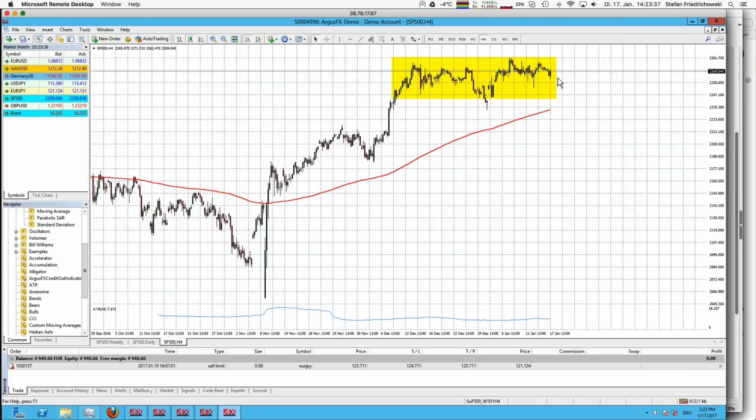Another possibility might be on the lower side, the same wording. That means we go down and then we go upwards again. Good. On the other hand, we have an EMA 200, which clearly indicates the price goes to the north.